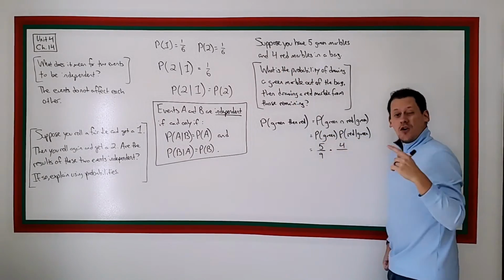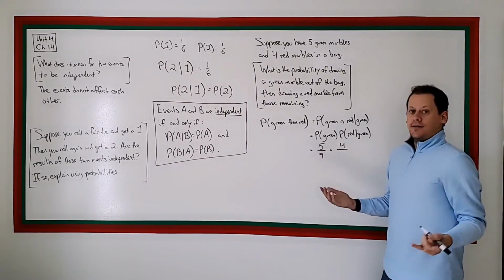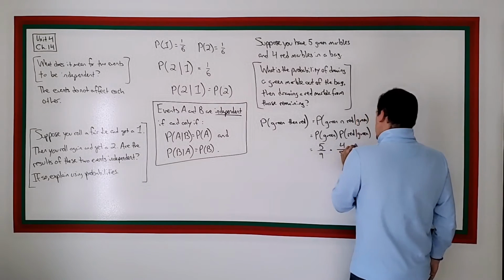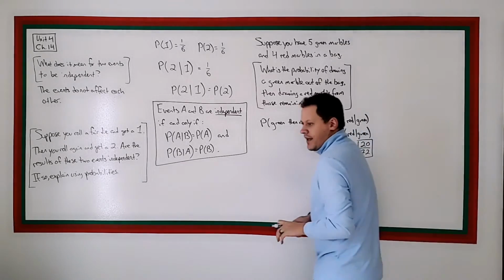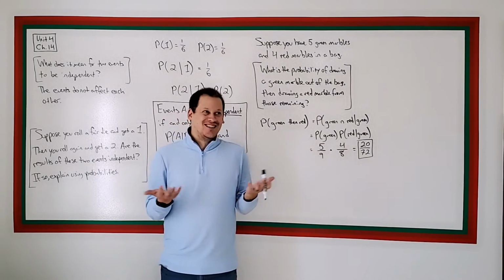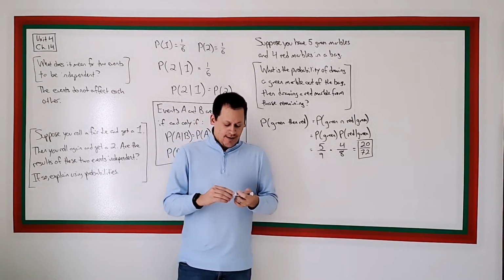How many marbles are there left in the bag once we take the green one out? Well, we start with 9, take one out, that's 8. So this is 20 over 72. And again, I know that can be reduced, but I don't really care. 20 out of 72 is the probability of that.